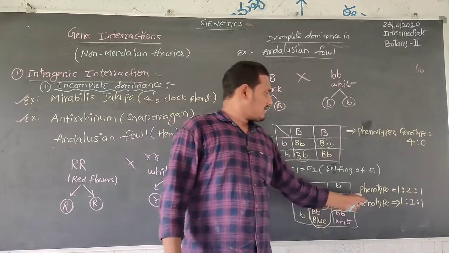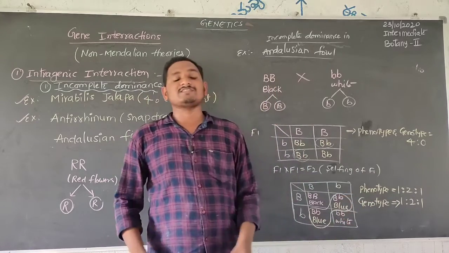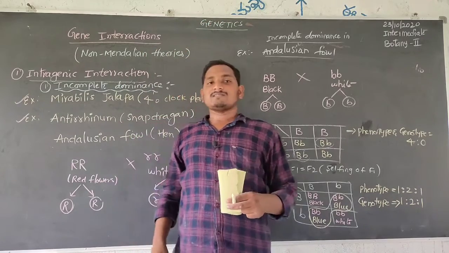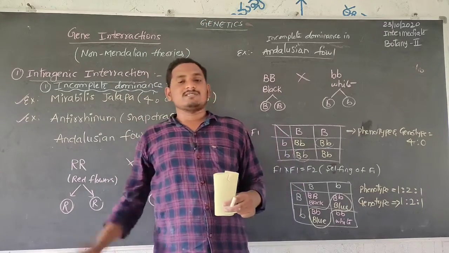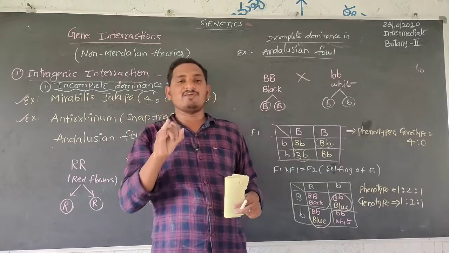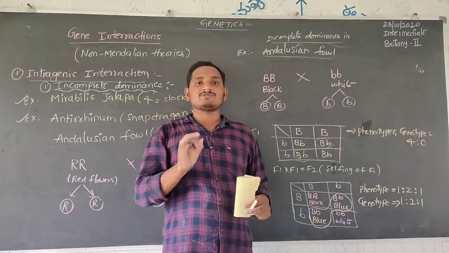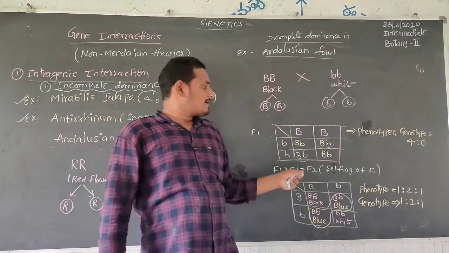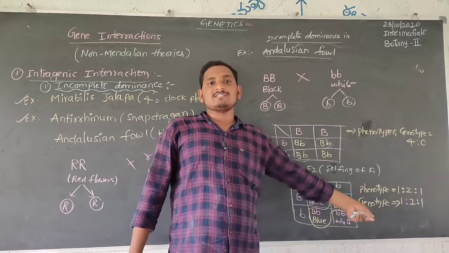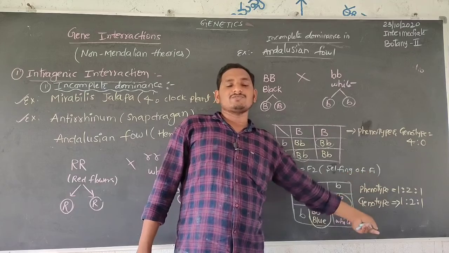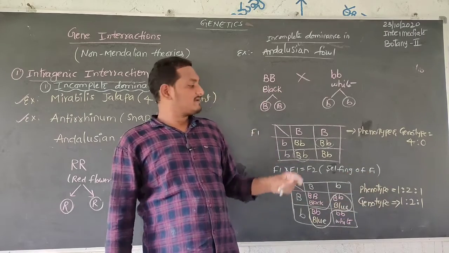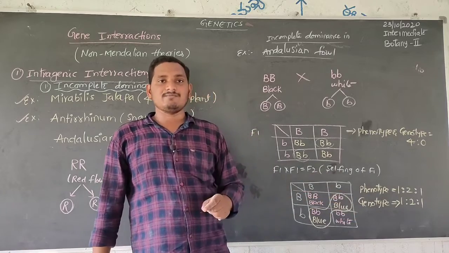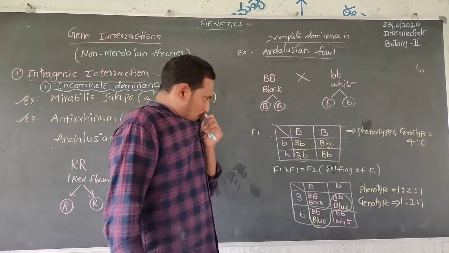So in which type of crossing are the phenotype and genotype ratios the same? The answer is incomplete dominance, where both ratios are the same, 1:2:1. In a monohybrid cross, 3:1 is the phenotypic ratio and 1:2:1 is the genotype ratio. But here both phenotype and genotype ratios are the same, that is incomplete dominance.